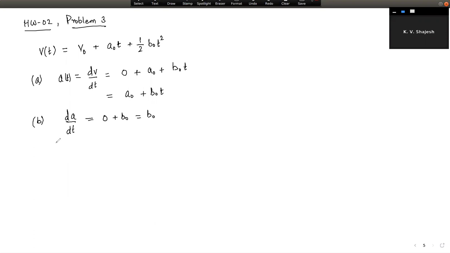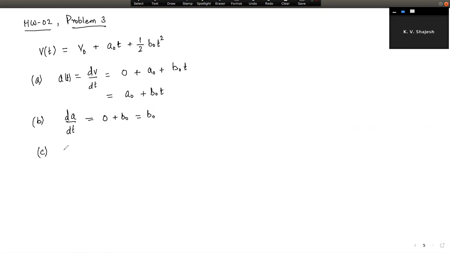In part C, we are asked, given the particle starts from rest at time t equal to 0, determine the velocity of the particle when the instantaneous acceleration of the particle is 0. First, we are given that the particle starts from rest at t equal to 0. So at rest means it has something to do with velocity at t equal to 0.